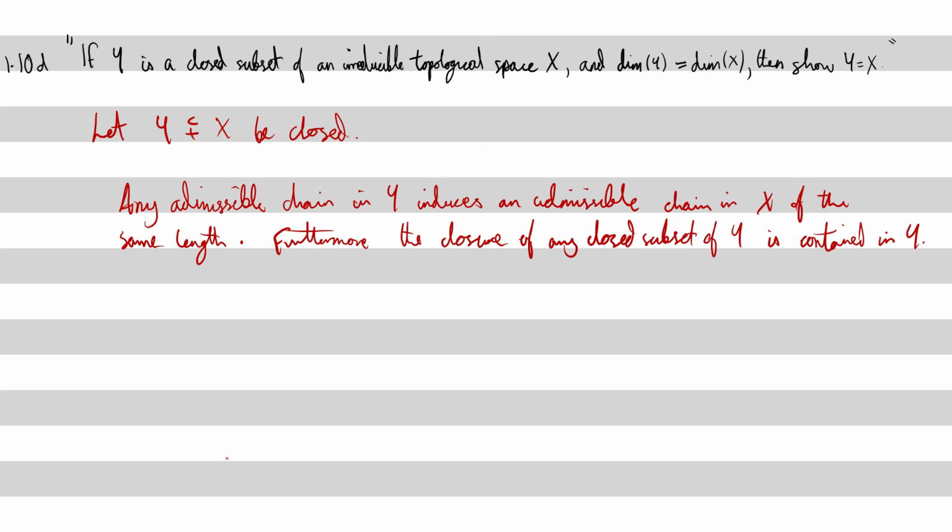Now we just need to show that the closure of any closed subset of Y is that set, because it itself is closed, being the intersection of two closed subsets. But what I wrote is technically true as Y is a proper subset of X.